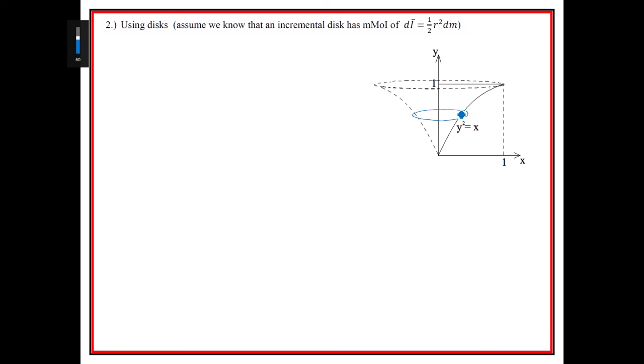A disk would look like this right here, and we already know that each disk is going to be 1/2 r squared dm for an individual disk. Now we could add them together. When we integrate, that's what integrating is, adding things together.